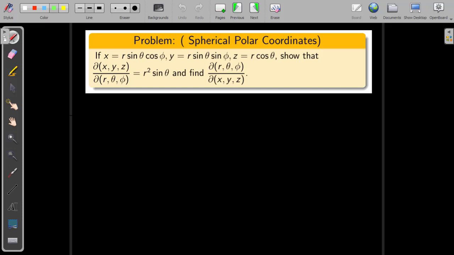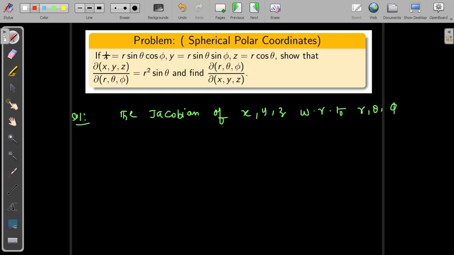Now finding the Jacobian. The solution: I am writing the formula for the Jacobian of (x, y, z) with respect to (r, theta, phi).